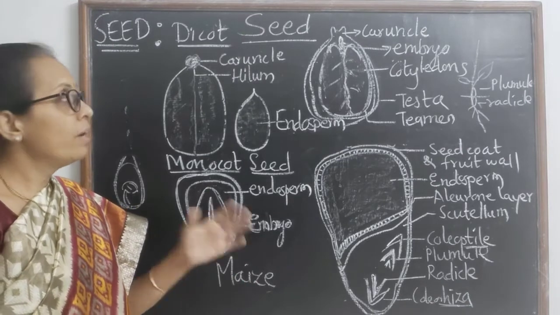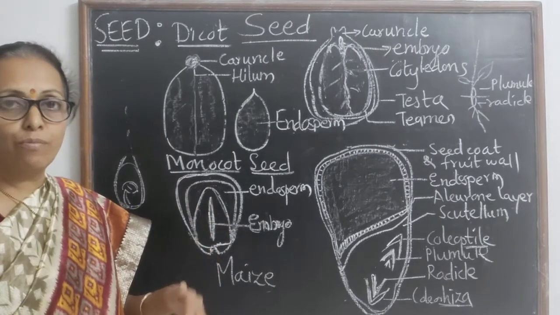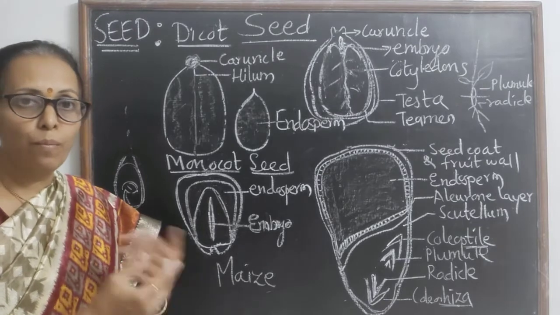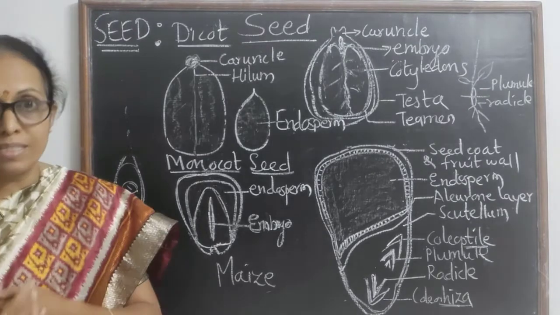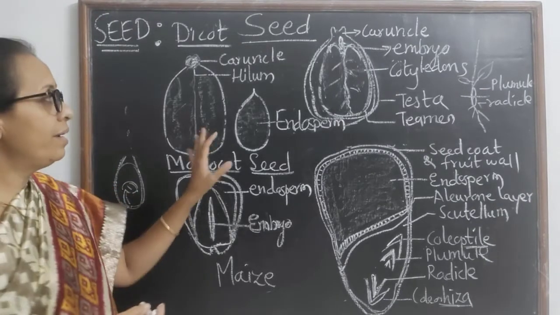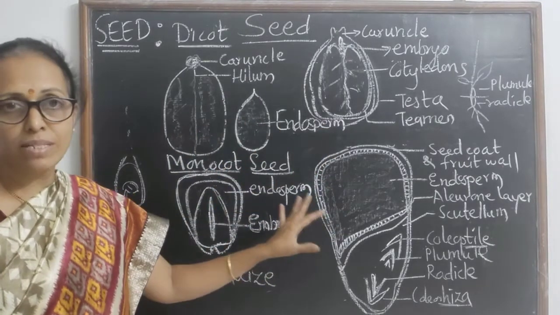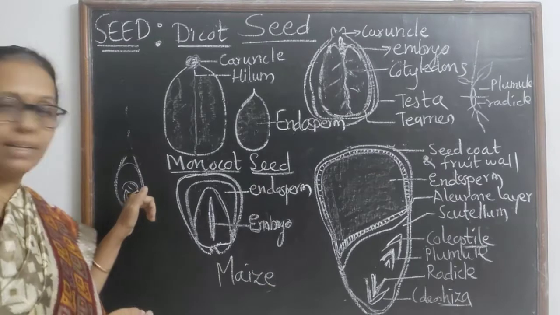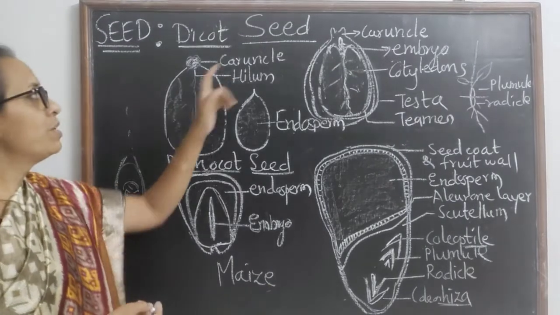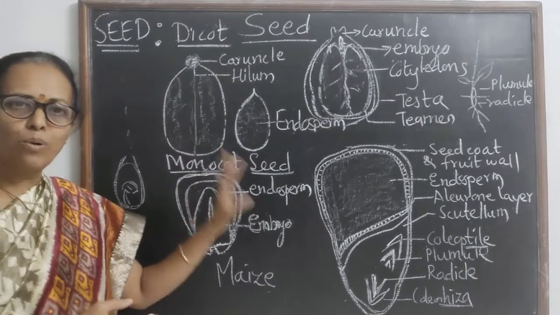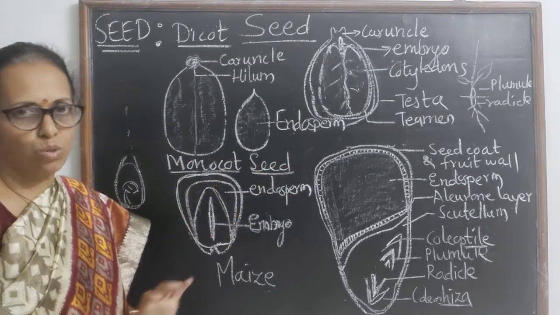So any part of the plant from which we can generate a new plant, we call it a seed. But here we are going to talk about the true seed. Scientifically, the fertilized ovule which forms the seed, about that we are going to discuss here.